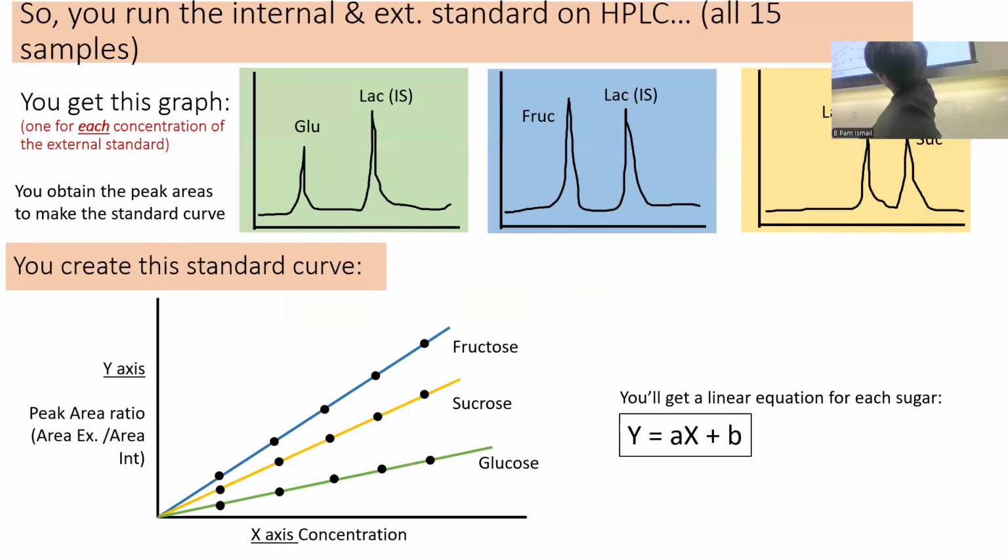Then you will run your glucose standards, fructose and lactose, and glucose and sucrose. And then you will have the internal lactose standard, same area under the curve or similar. And when you plot your standard curves, you take the ratio of glucose area over lactose area, the ratio of fructose over lactose, the ratio of sucrose over lactose.